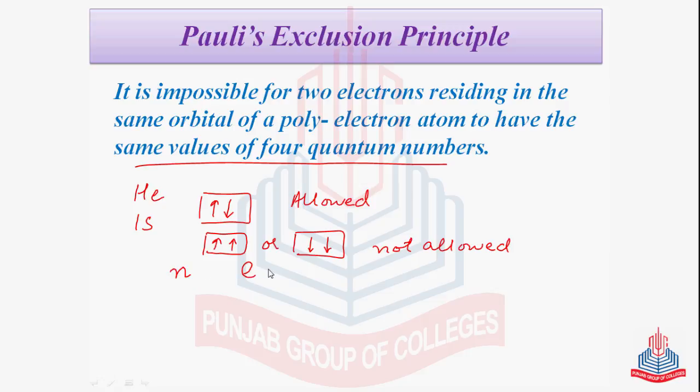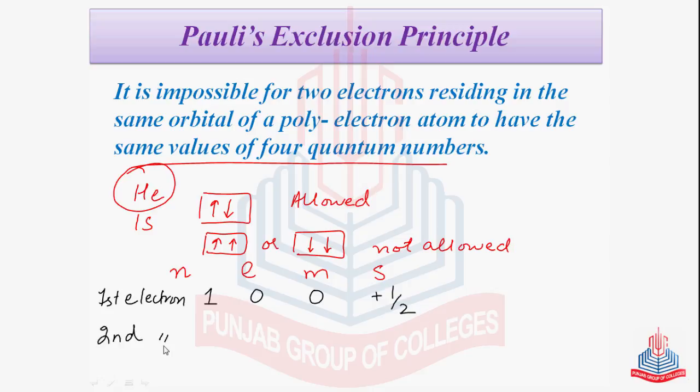M, S. We are writing it for helium. For the first electron, N will be 1, L will be 0, magnetic quantum number will also be 0, and spin, let us say that it is plus 1 over 2. Now for the second electron, N again will be 1, L 0, M also 0.